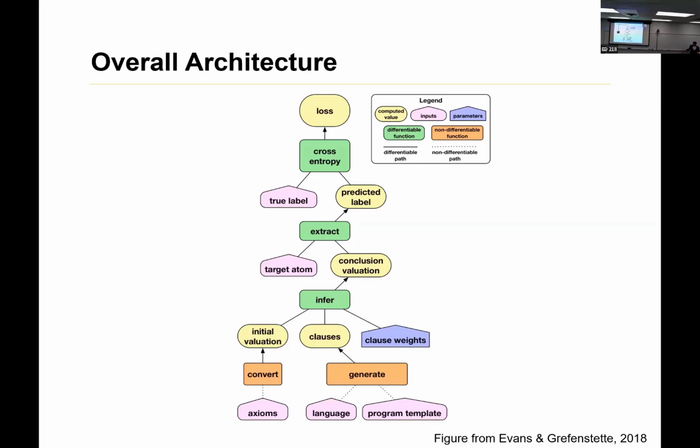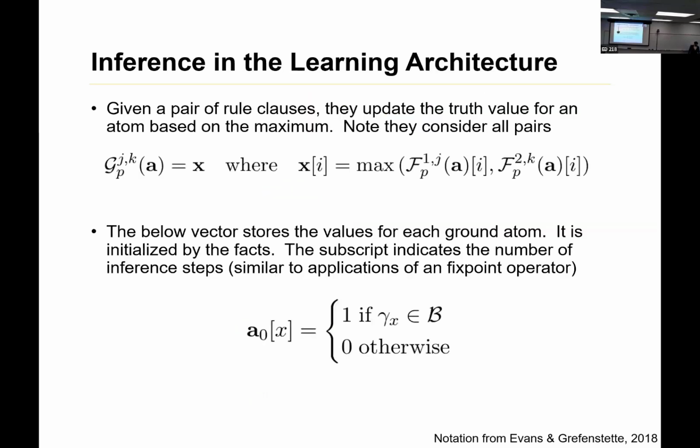So not too hard. In terms of the big picture, it's really quite standard deep learning stuff we're looking at. So let's look at how this infer step takes place. So we have this G, J, K, P. So JK is a pair, P is a predicate.